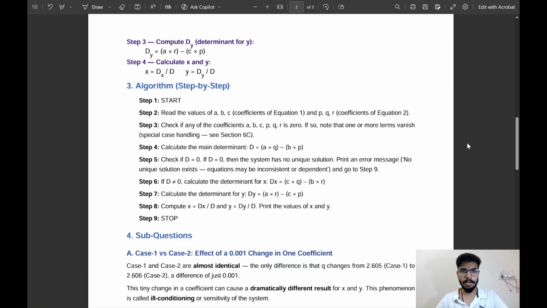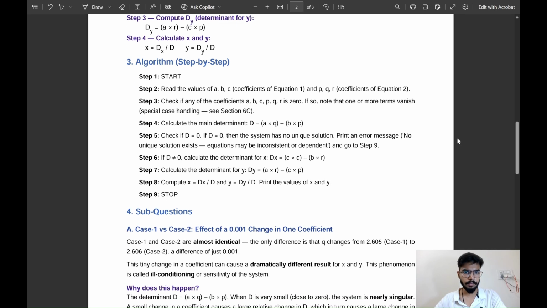For this, our algorithm will be: we will start in step 1, and in step 2 we will read the values of a, b, c, coefficients of our equation 1, and p, q, r, coefficients of our equation 2. In step 3, we will check if any of the coefficients a, b, c, p, q, r is 0 or not. If so, then we will vanish that term.